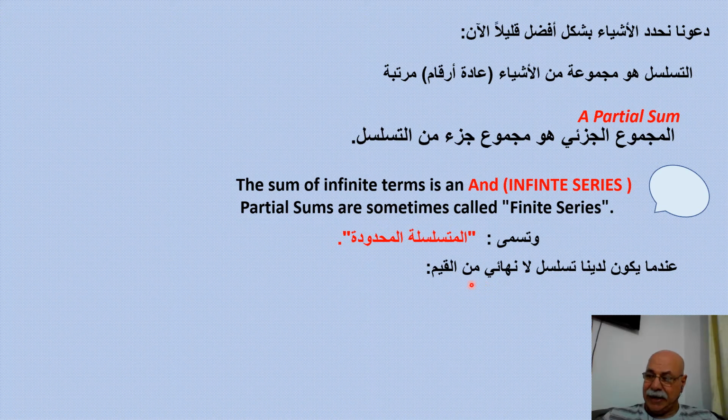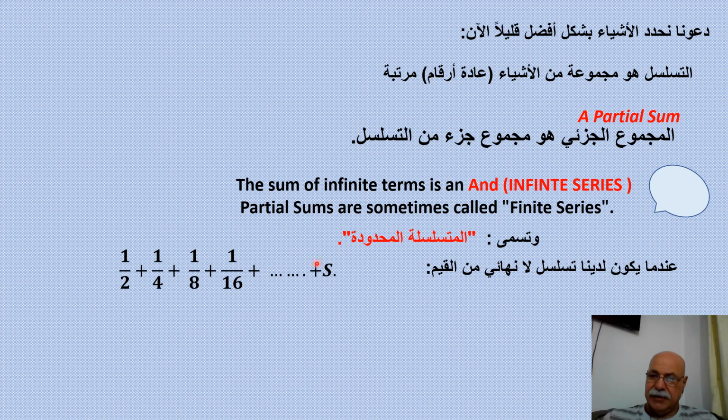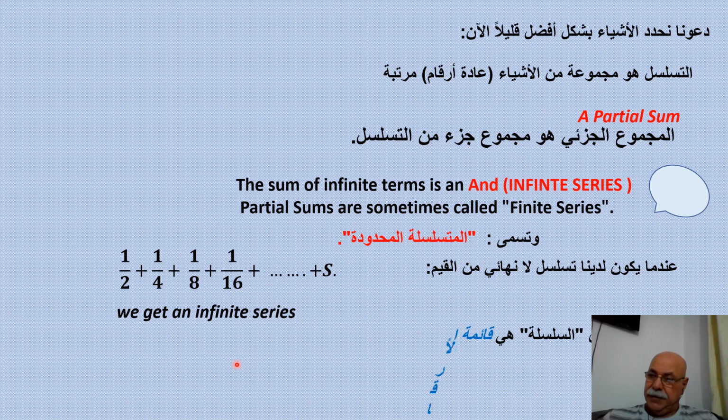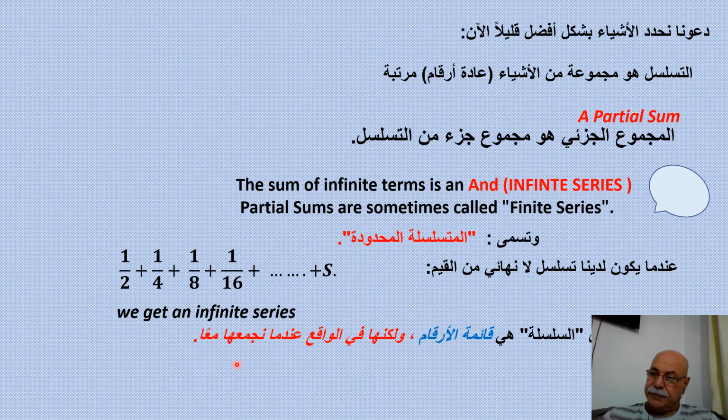When we have an infinite sequence of values, for example as fractions, half plus 4 plus 8 plus 6 plus 4 and so on to infinity, we get an infinite series. It means a list of numbers, and when we calculate, we add them together with plus in order to get the result at the end.